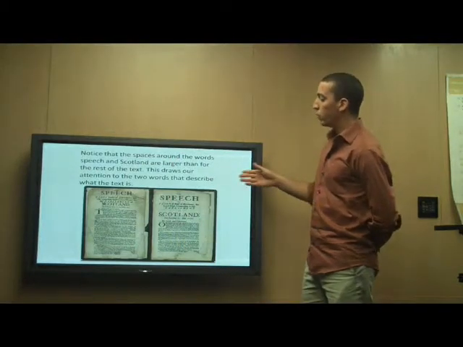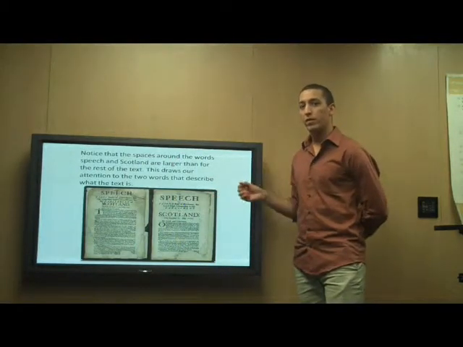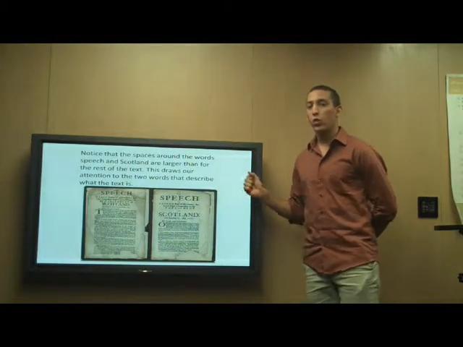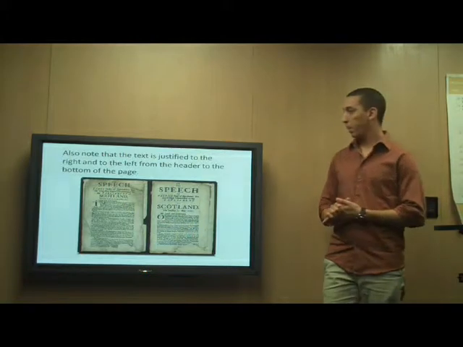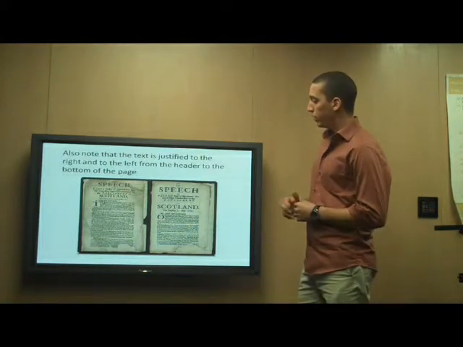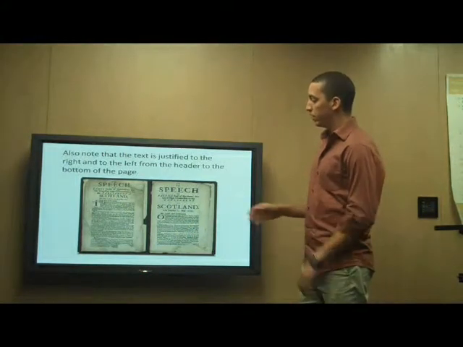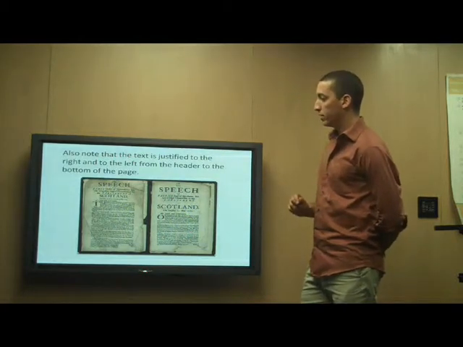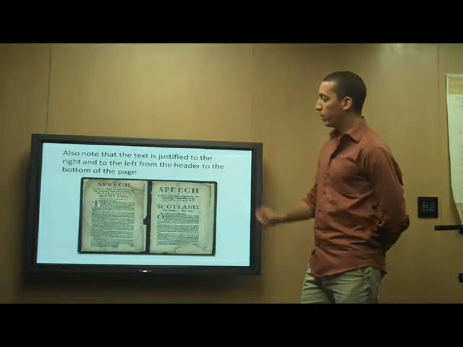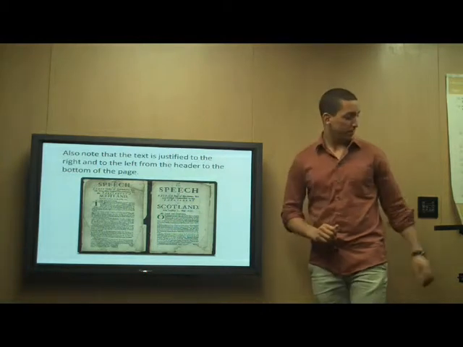And when you read those two, you can imagine that the rest of the document is going to be about that subject. Also, another thing to note is that this text is justified to the left and to the right, and that's a characteristic that we find on both pages that we're looking at.